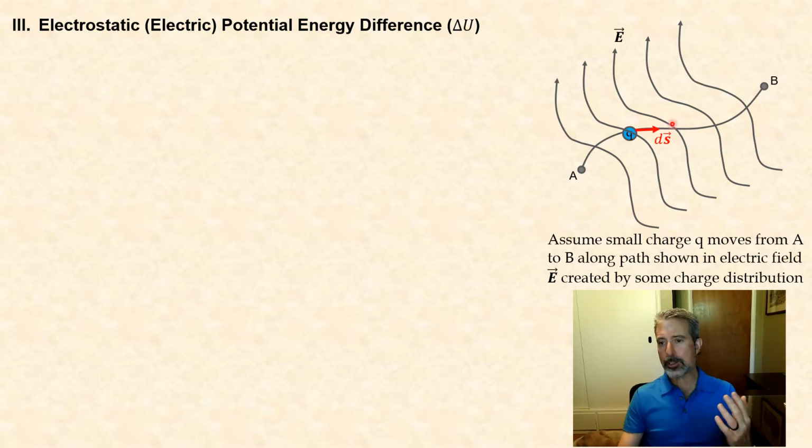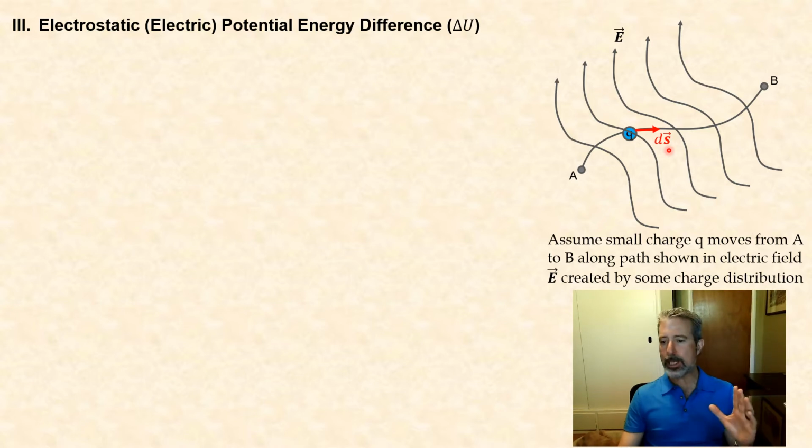And you'll notice here that the path is curved, and the electric field is not uniform. I'm showing you an infinitesimal displacement vector. I'm going to use the symbol ds for displacement. The reason I won't use dr is because in many cases we're going to use r to represent a radial direction, so to be general here, I'm going to use s.